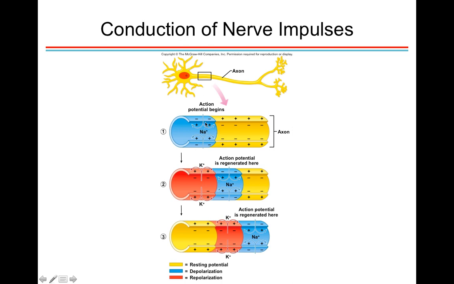Because the sodium in this first area of the axon is touching the next area of the axon, there's going to be diffusion, and these sodium ions are going to diffuse into the neighboring area of the axon, right?